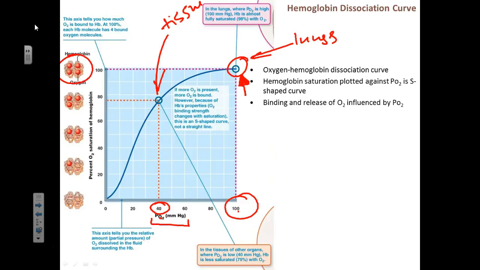Okay, you see? Completely loaded. And then the blood, loaded with oxygen, goes into the tissue where the partial pressure is 40, as Lily mentioned, and it unloads oxygen from hemoglobin. And let's see what the saturation is here. I can tell you that this number is about 75%.